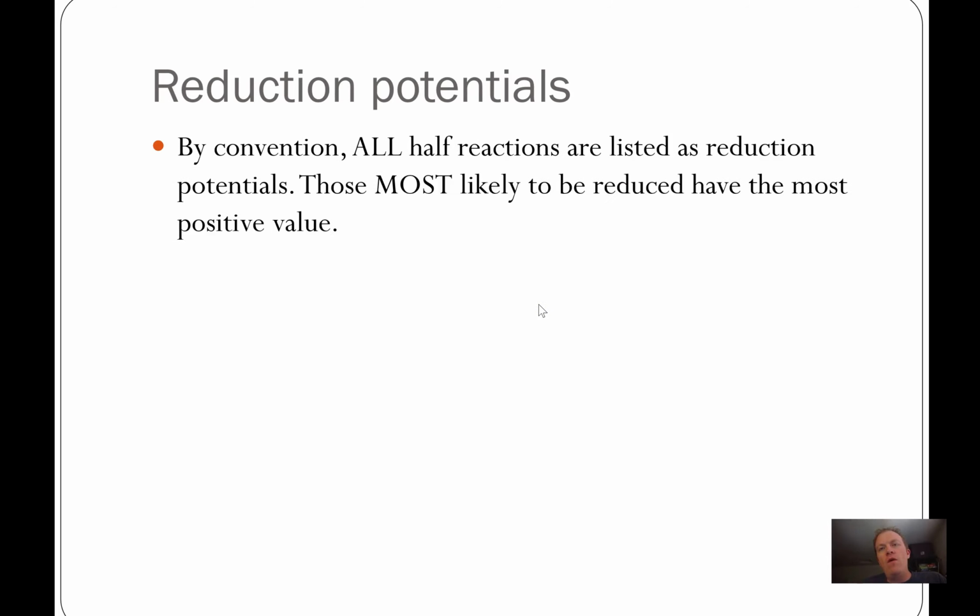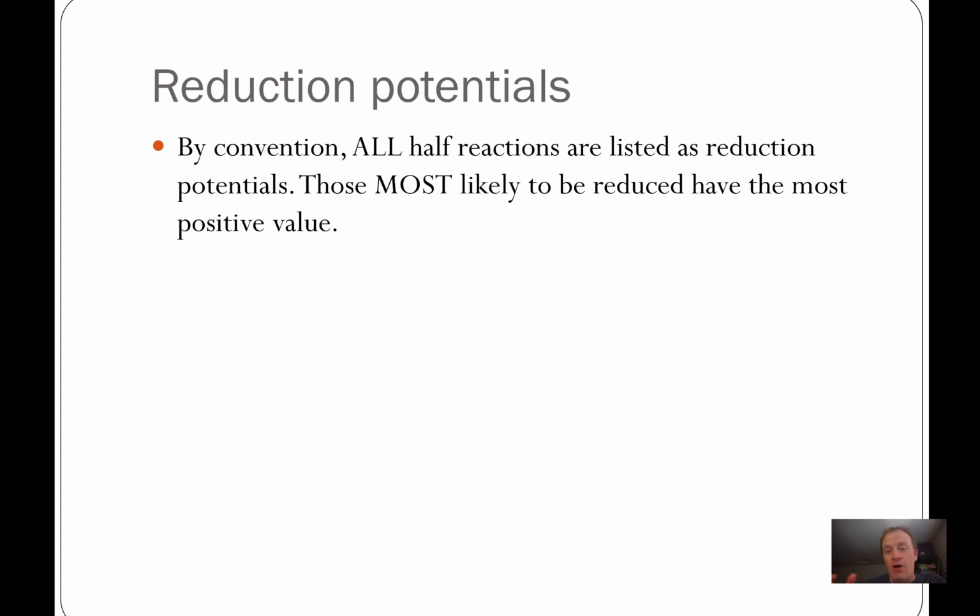So, after they figured out, okay, let's make the standard hydrogen electrode, let's assign every half reaction voltages based upon that, and then let's make a table. By convention, there are tables of reduction potentials. So basically, they take all of these half reactions, they write them in the reduction form.